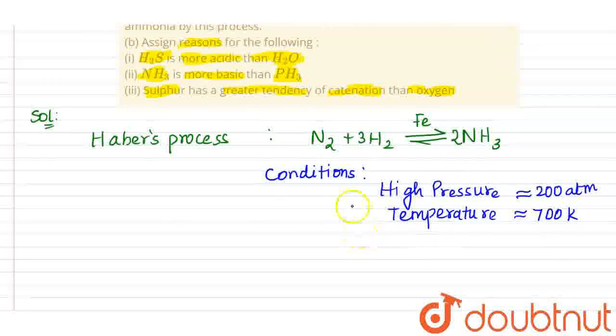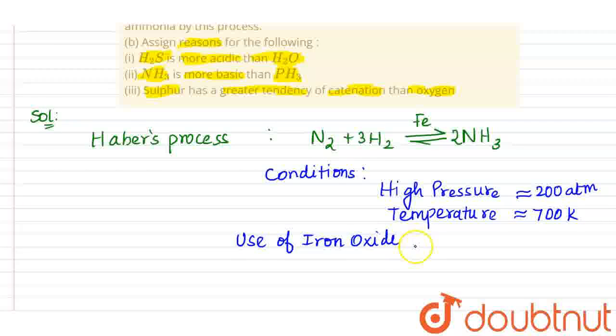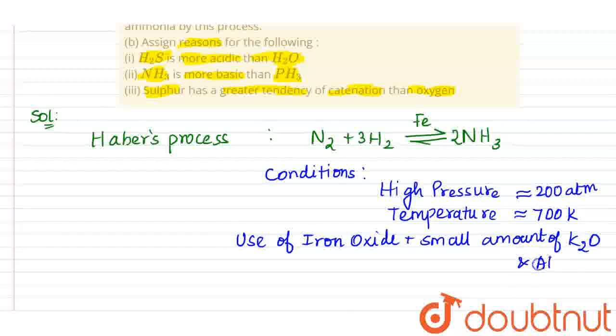And there will be use of iron oxide, that is Fe2O3, and a small amount of potassium oxide K2O and aluminum oxide as promoters.